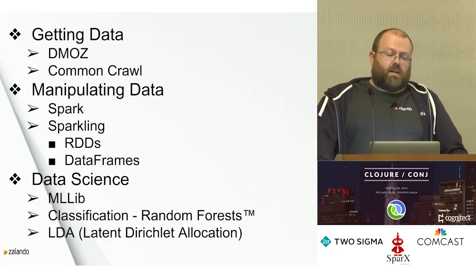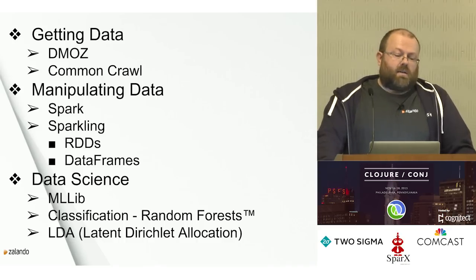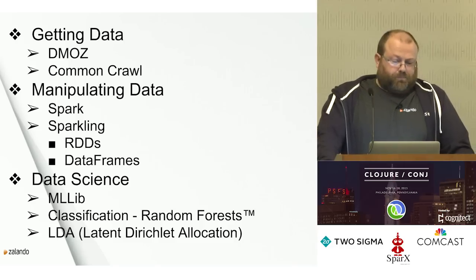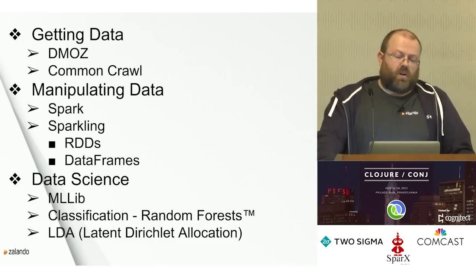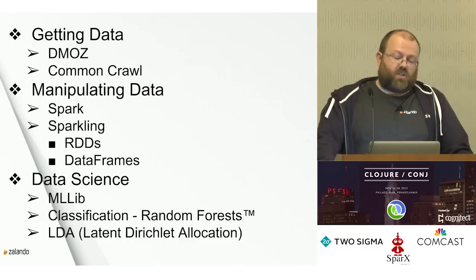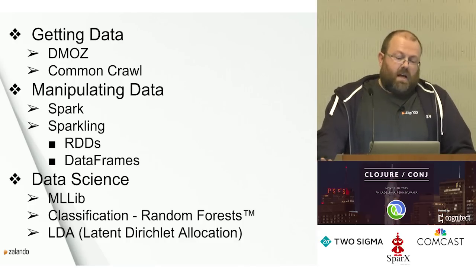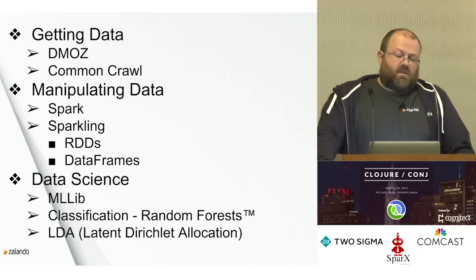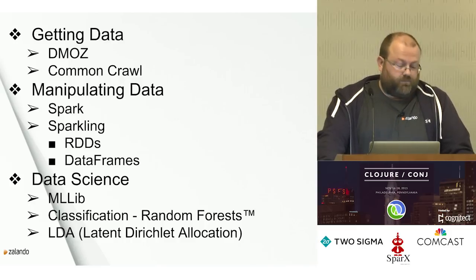Under manipulating data, I'm going to talk about Spark and sparkling, the bindings for Spark, and RDDs and data frames. And under data science, after a whirlwind introduction, I'm going to talk a little bit about MLlib, which is Spark's machine learning library, classification, random forests, and LDA, which is latent Dirichlet allocation, which is a form of topic modeling.